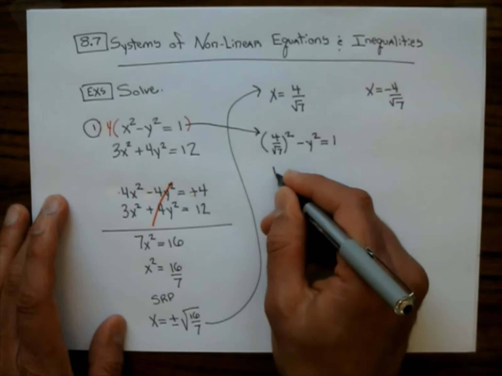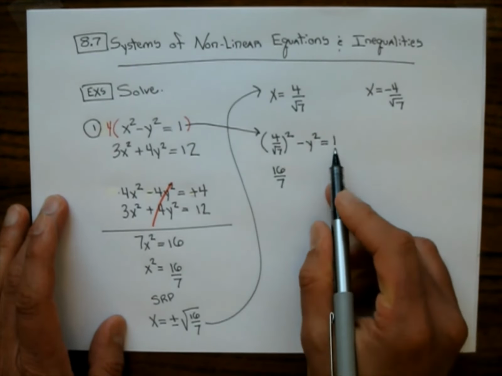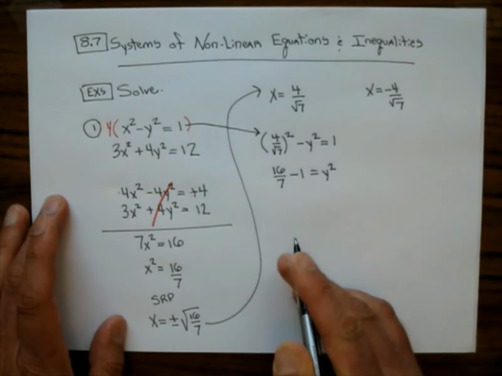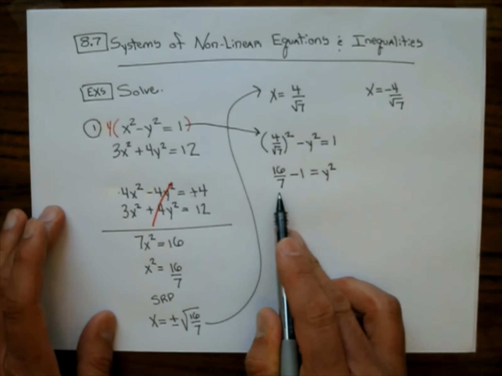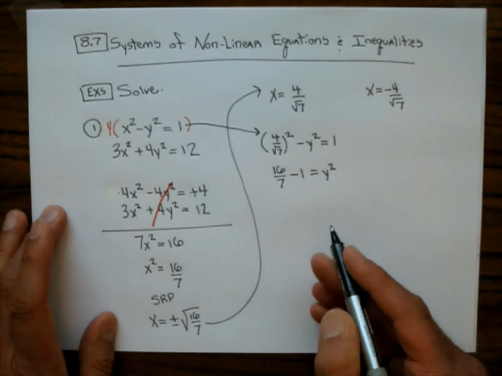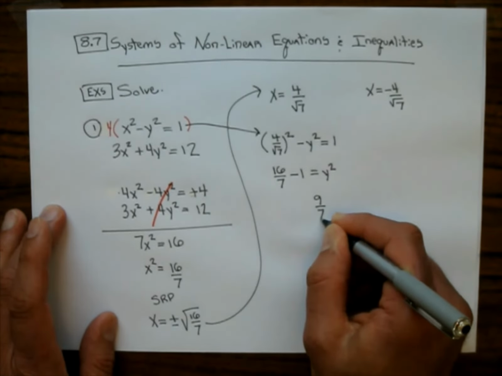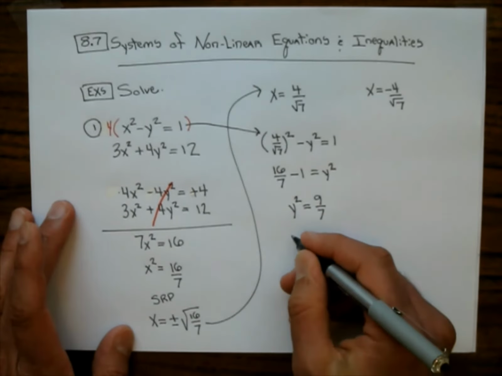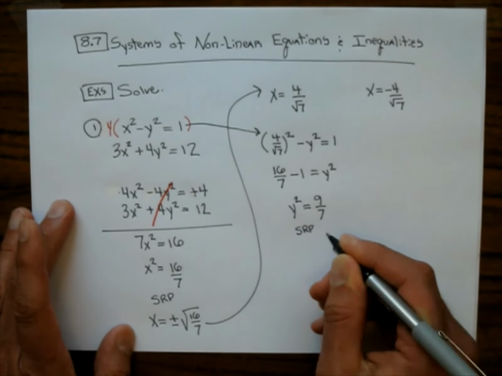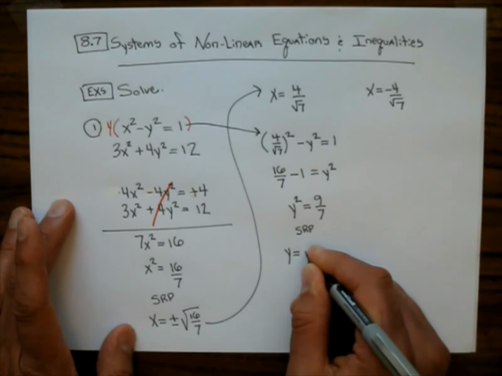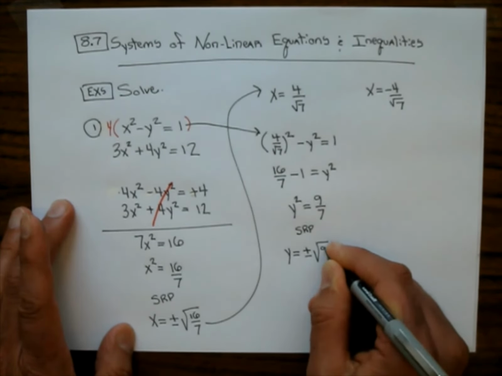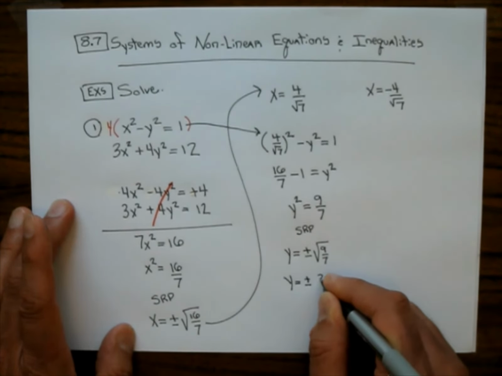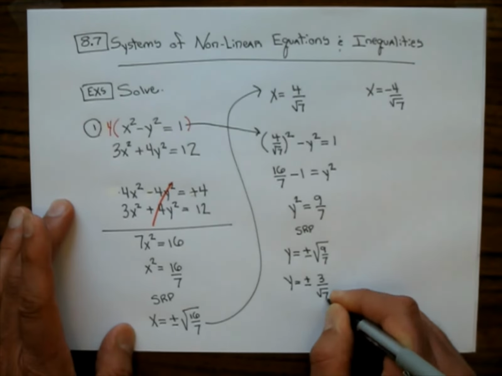So I have 16 over 7, and I'll bring the 1 to the left-hand side, so minus 1 equals y squared. 16 over 7 minus 7 over 7 gives me 9 over 7, and that equals y squared. Square root property: this gives me y equals plus or minus the square root of 9 over 7, which is really plus or minus 3 over the square root of 7.